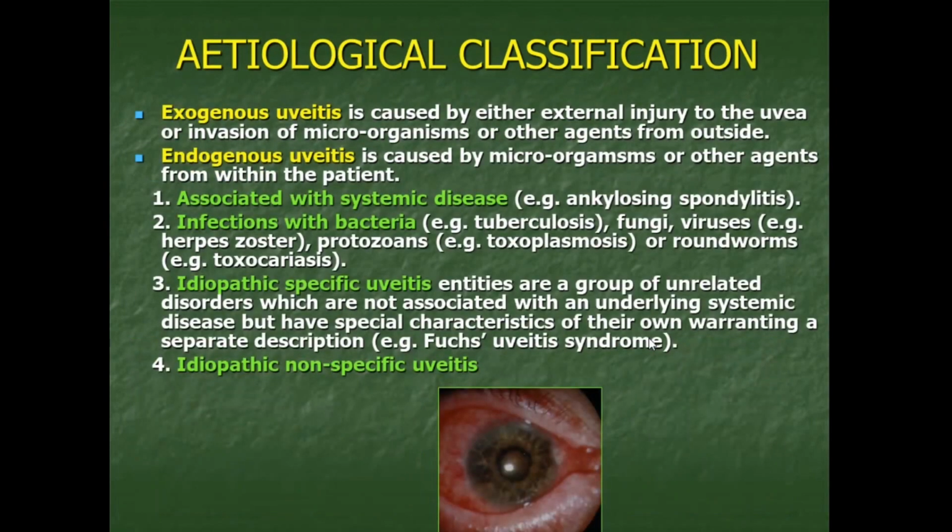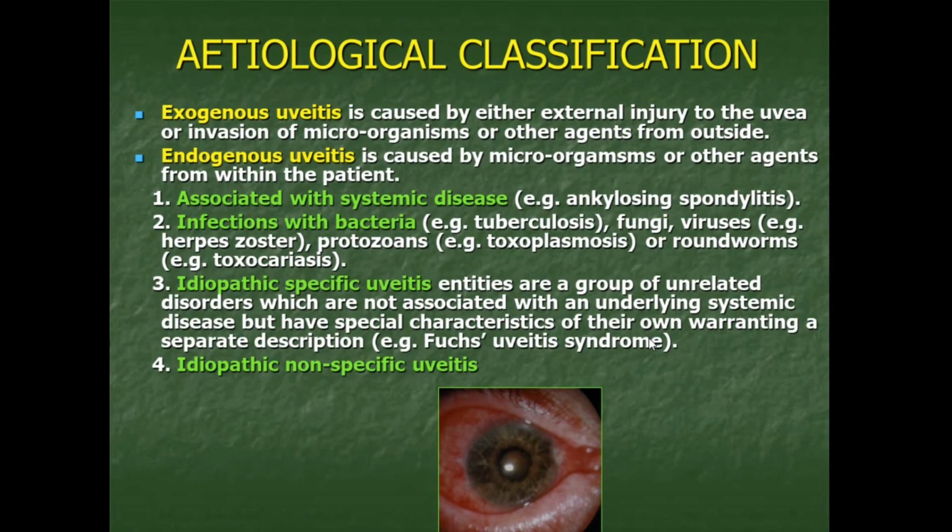Etiological classification of uveitis: we can divide all uveitis into exogenous and endogenous. Exogenous is when the pathological agent comes from outside, usually traumas or surgical trauma, so after operation.